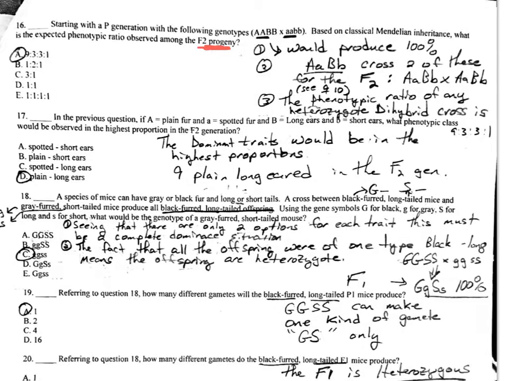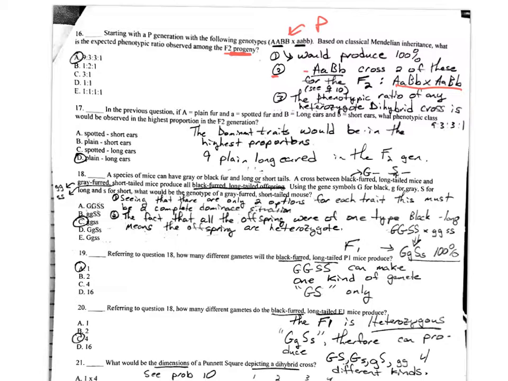They're asking for the F2. They give you the parents. You had to figure out the F1, which were heterozygotes, and this is it. So that's the second step. And you cross these two, and you get your F2s. What would the phenotypic ratio be for a dihybrid cross between 2 heterozygote parents?